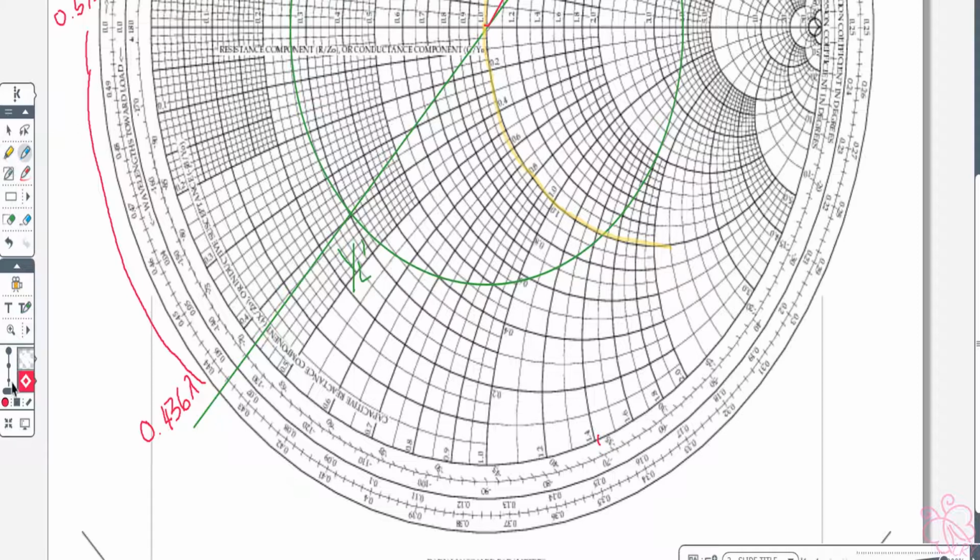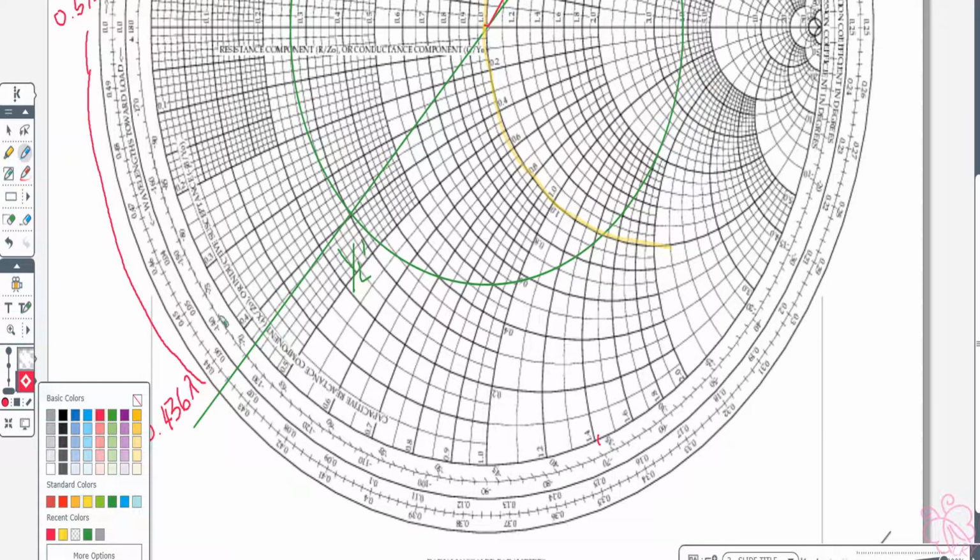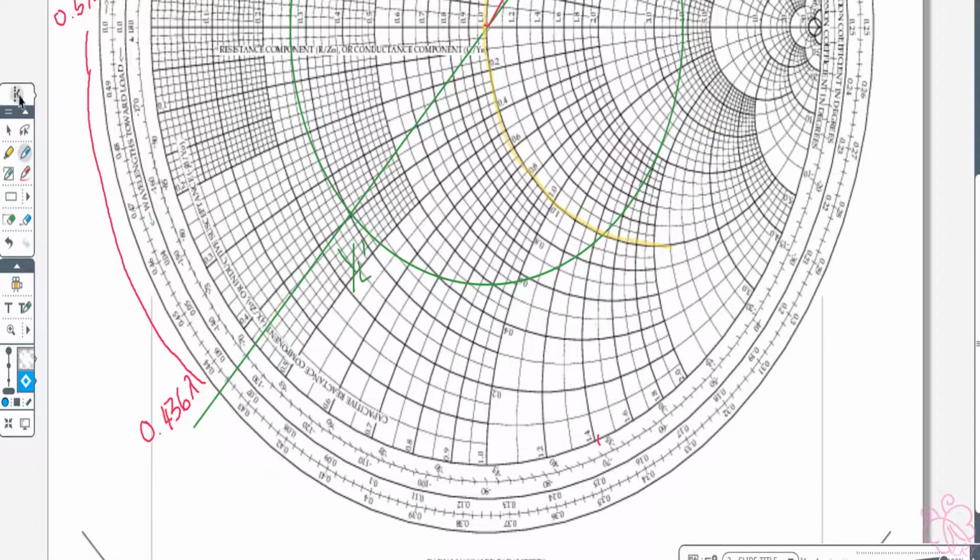Next we're going to draw a straight line just like we did for our YD. I will take a blue color. Draw a straight line from the Z naught, our center, to our YL. Let me draw a straight line first. All right, let me label first.